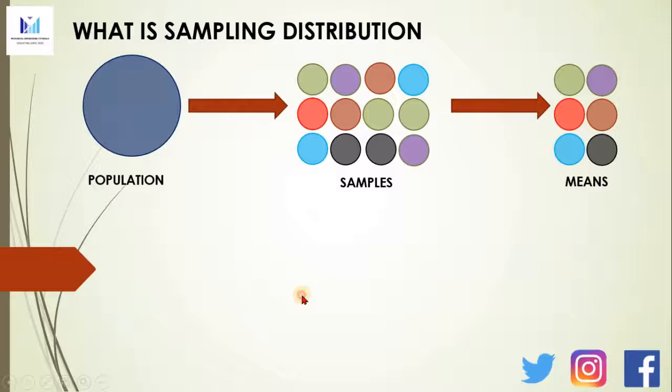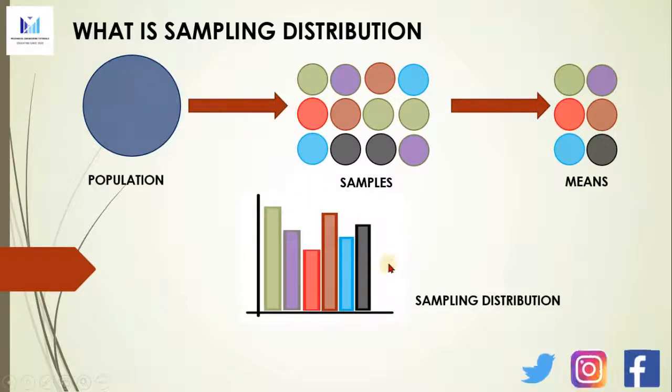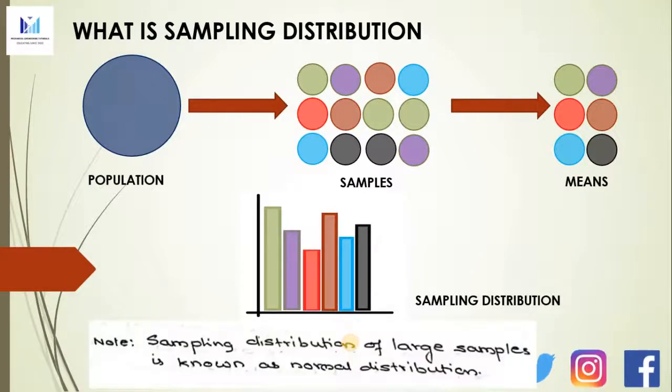The frequency distribution so formed is known as the sampling distribution of the mean. Similarly, we can obtain the sampling distribution of the standard deviation. Here we can say the sampling distribution of large samples is known as a normal distribution.